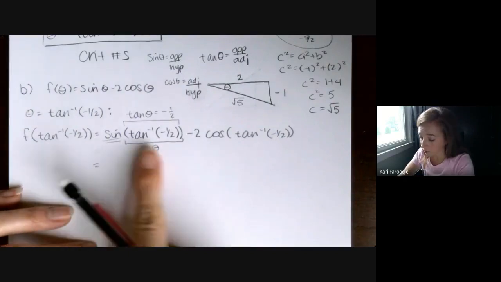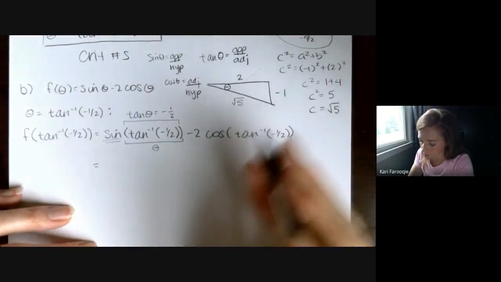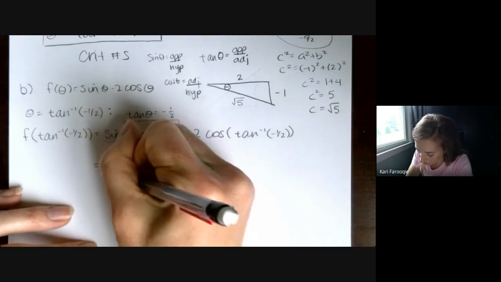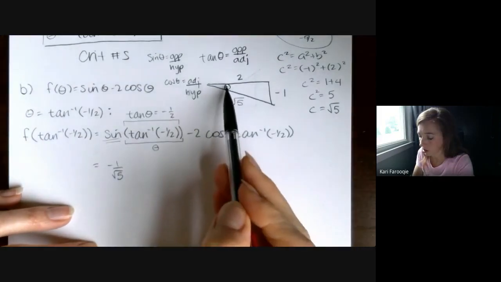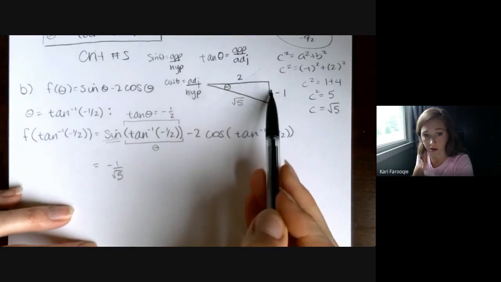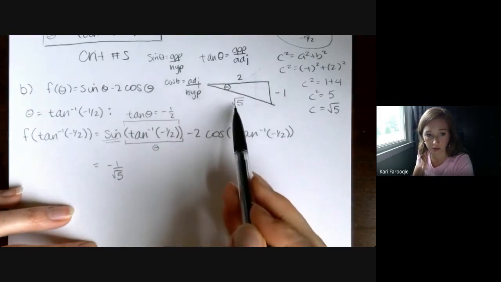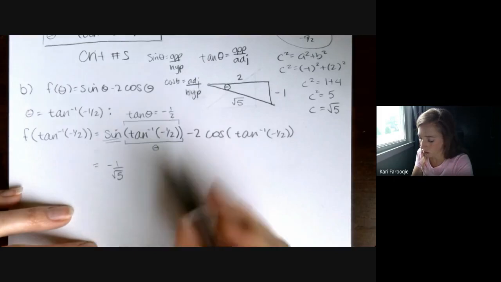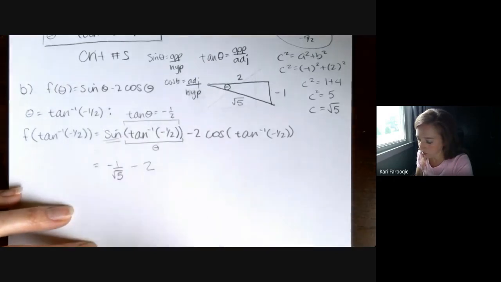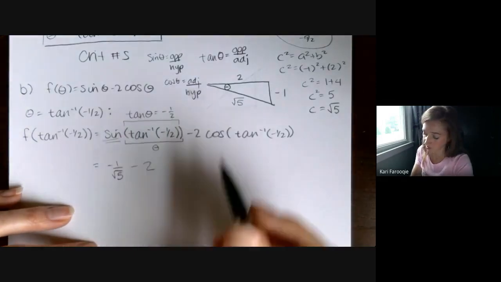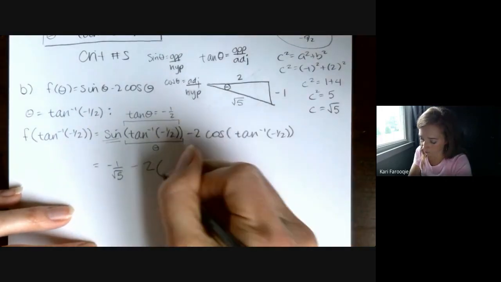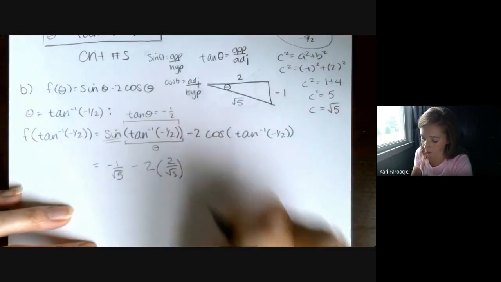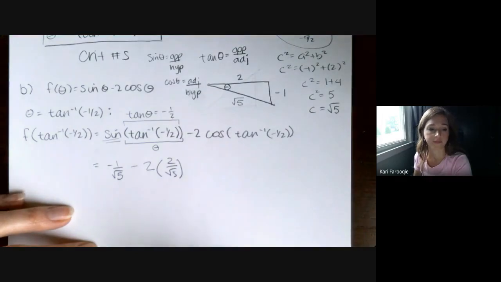So the sine of our angle is -1 over the square root of 5, because we're looking at our angle theta and we're taking the opposite over the hypotenuse. And then when we evaluate the cosine of the angle, well, the cosine is the adjacent over the hypotenuse. So the adjacent is 2, and the hypotenuse is the square root of 5.